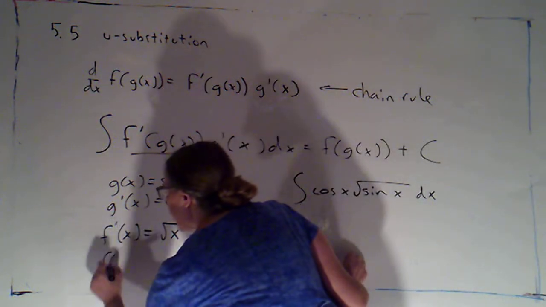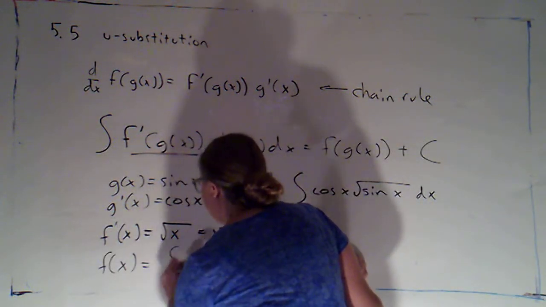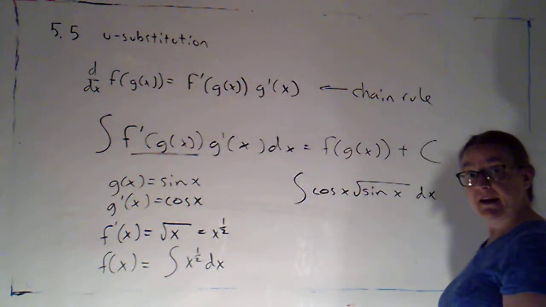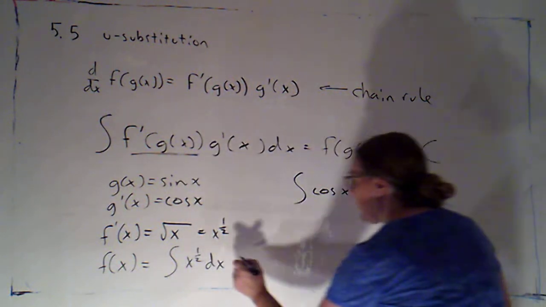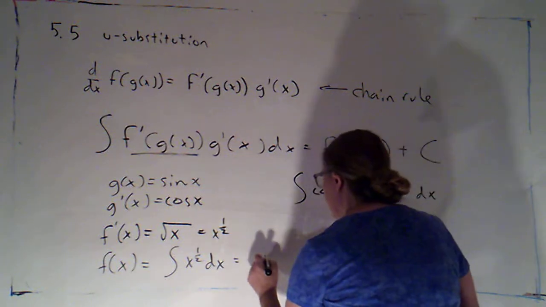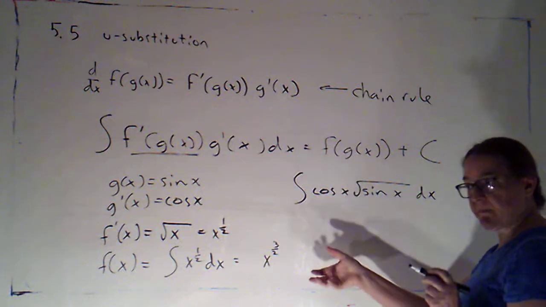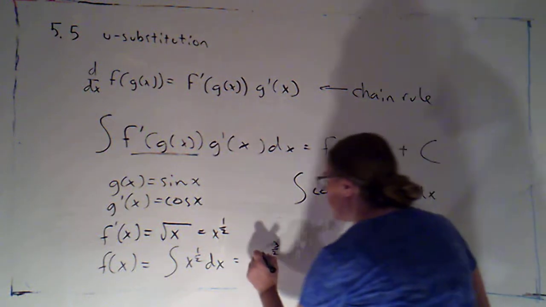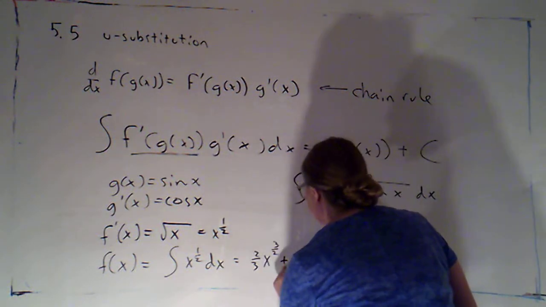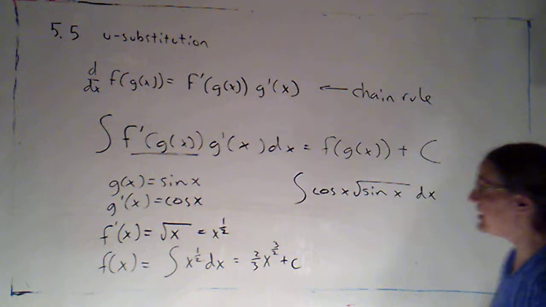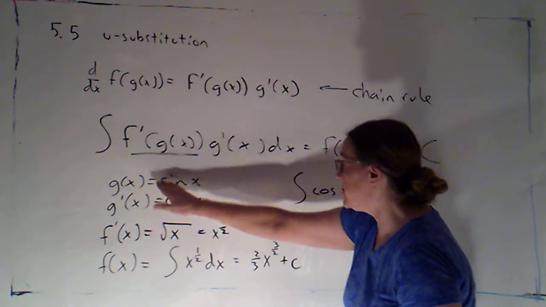So f of x would have to be an antiderivative of x to the 1/2. I know how that works. That's going to just be the power rule. So that's going to be x to the 3/2 divided by that power, so that's going to be multiplying by 2/3, plus c.